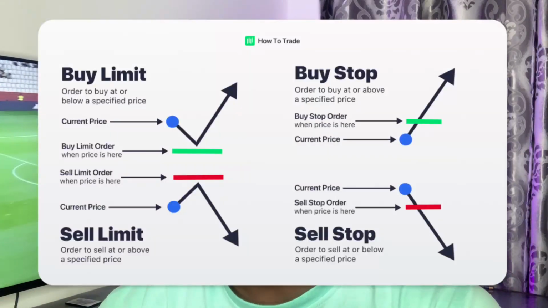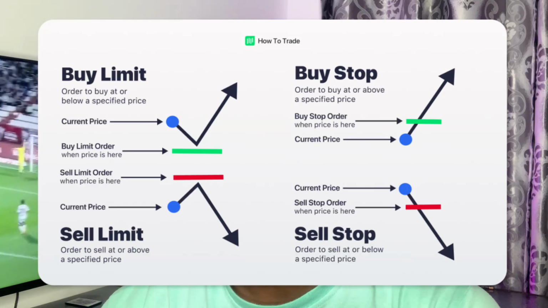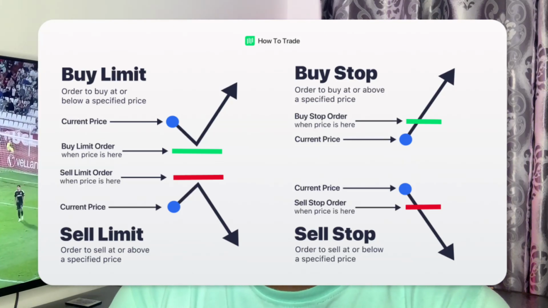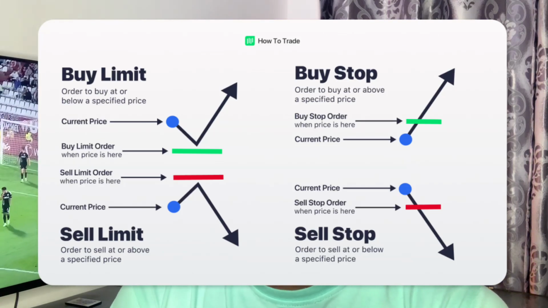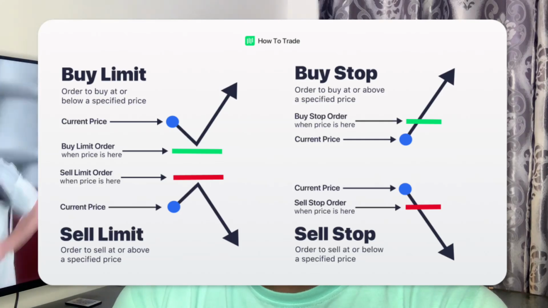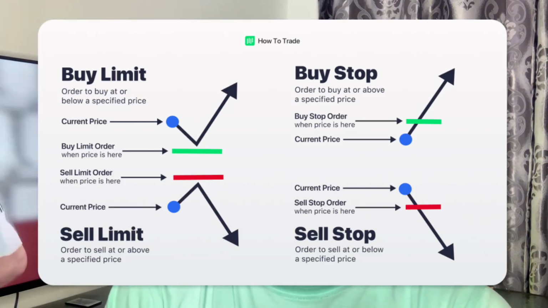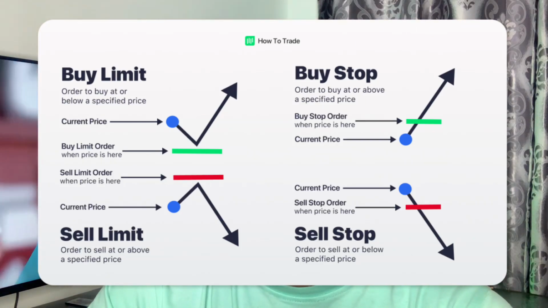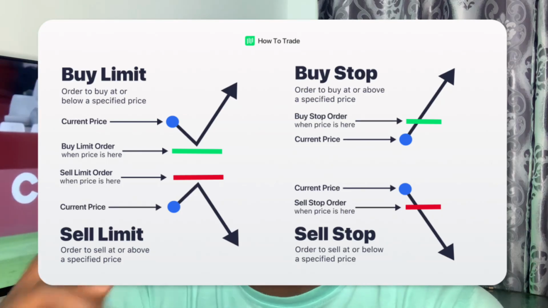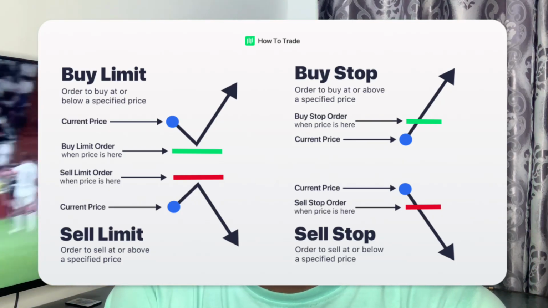And then we have buy stop. My explanations are definitely going to be deeper explanations, because it's not going to be textbook knowledge where I just read it to you. That's not what I want to do. I'm going to give you practical explanations.